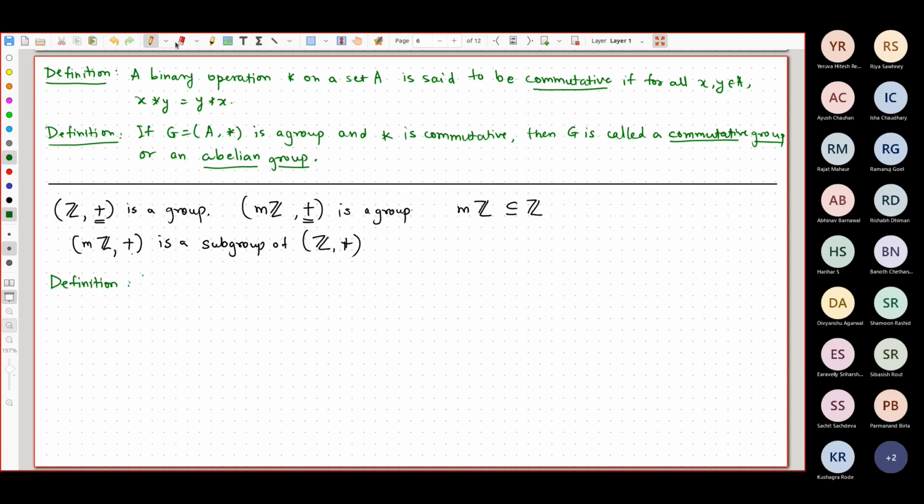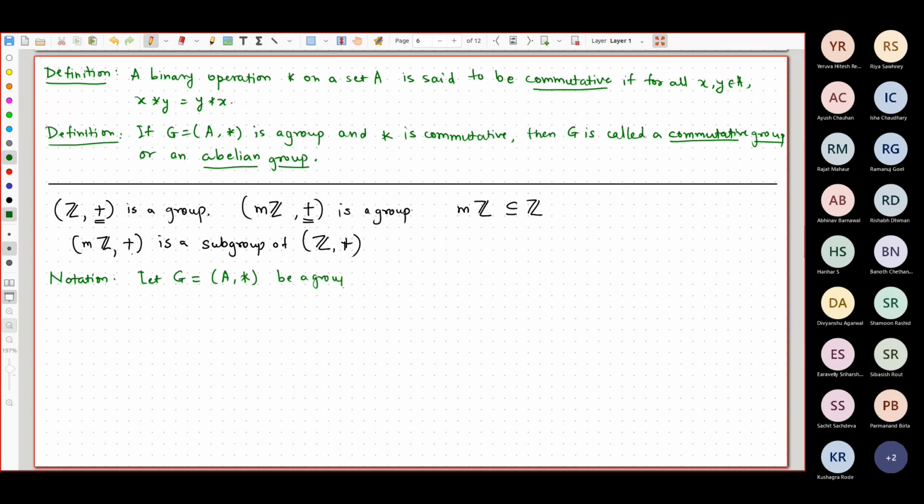But before we formally define, let me introduce some notation. This will be convenient for us to work with, to avoid unnecessary symbols. So let G equal to, let's say, (A, star) be a group.